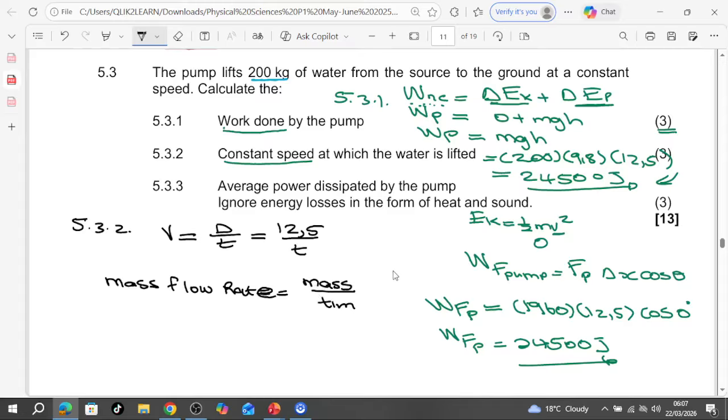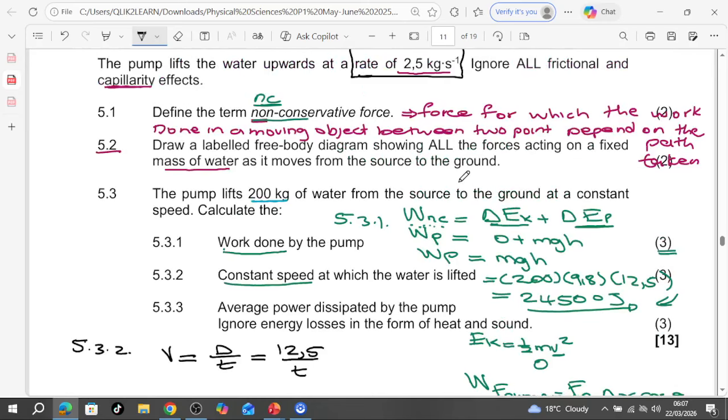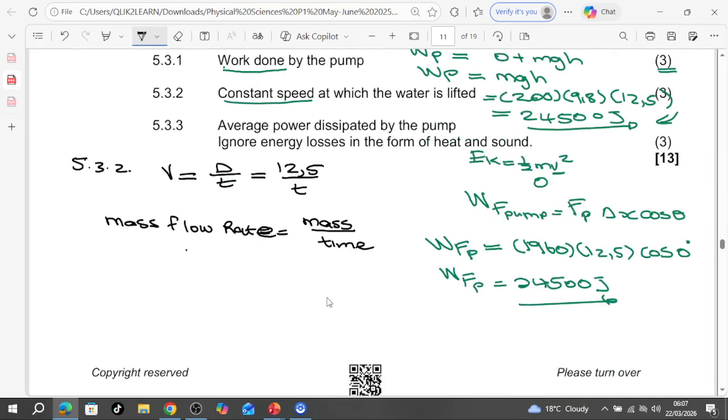So we can use this formula to make time the subject of the formula. So the mass flow rate is given as, remember, it's 2.5. So this will be my 2.5. It's equal to the mass of the water, 200, over t.